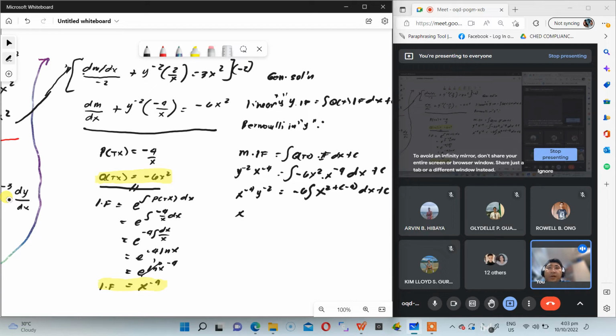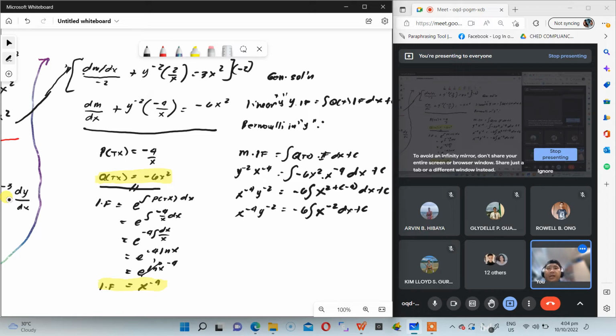Therefore, you have x raised to the power of negative 4, y raised to the power of negative 2 equals negative 6 times the integral of x raised to the power of negative 2, since 2 minus 4 is negative 2, dx plus c.